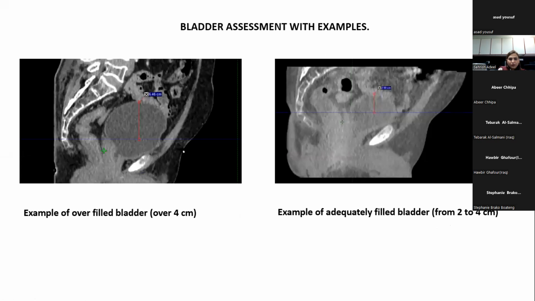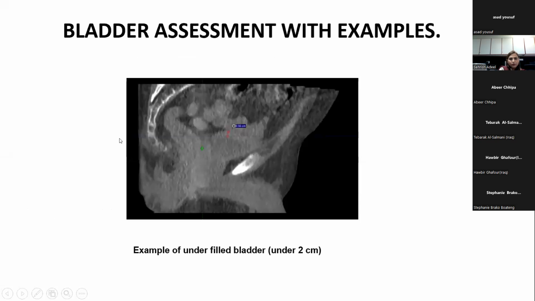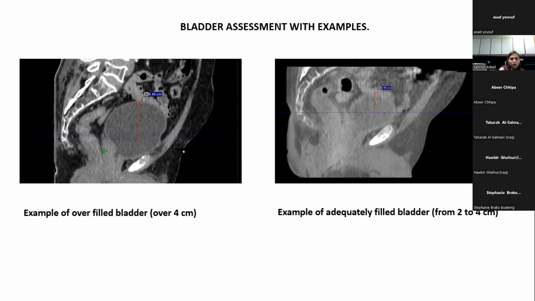Now, I'm showing you examples. This is an example of the overfilled bladder. We keep the x-axis at the level just above the femoral head, and here we measure the distance between the dome and this blue line.